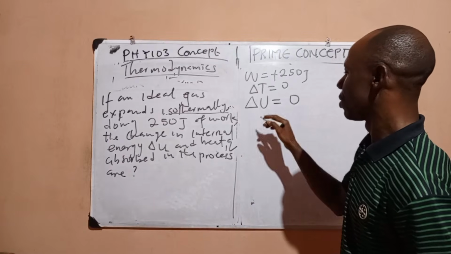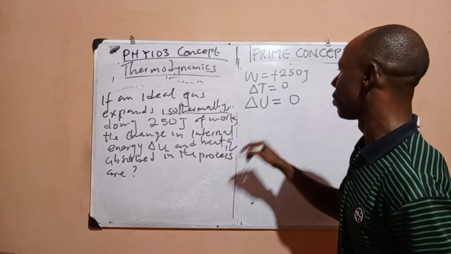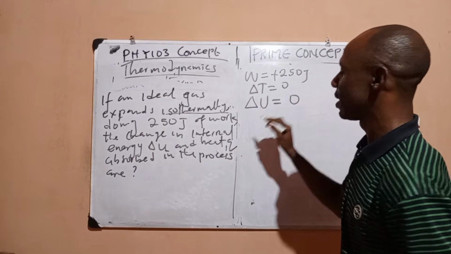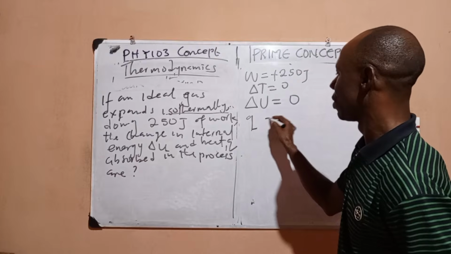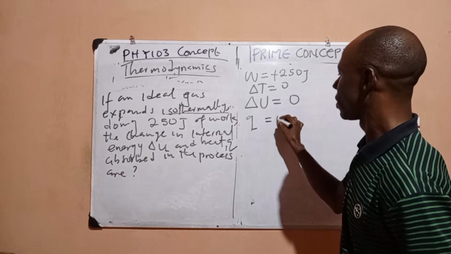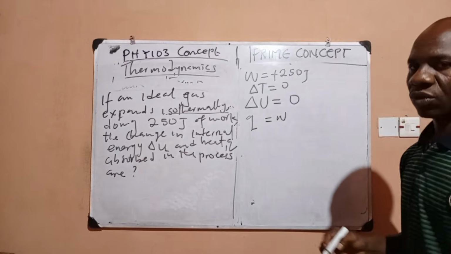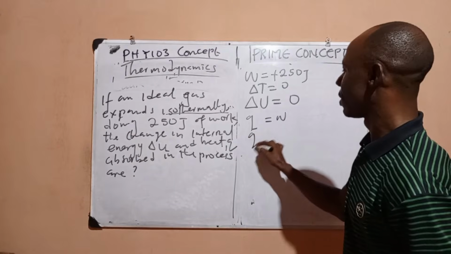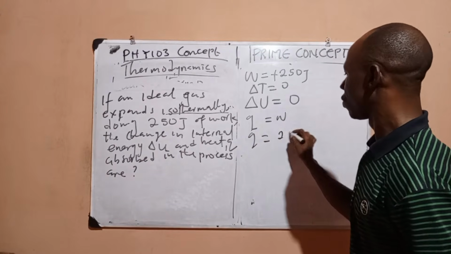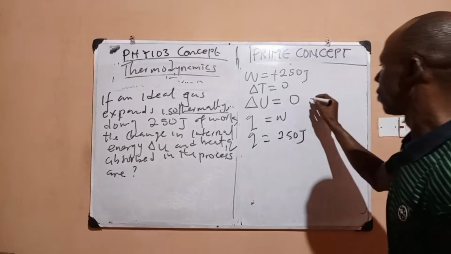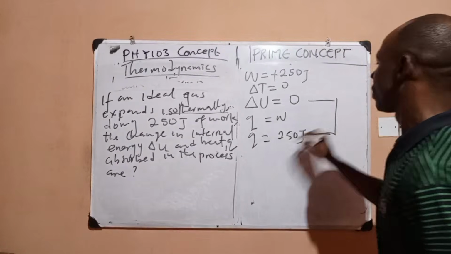So also, they said we should find the heat in the process. If change in internal energy is 0, Q is equal to W. So if Q is W, then Q is equal to 250 joule. So these two are what they want us to do.